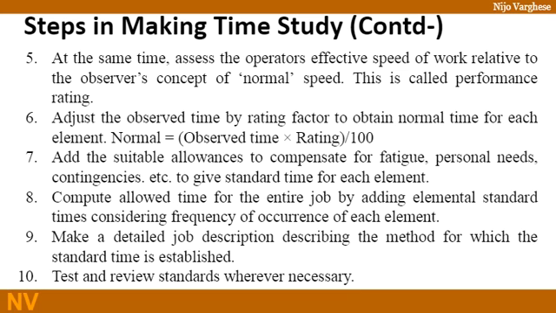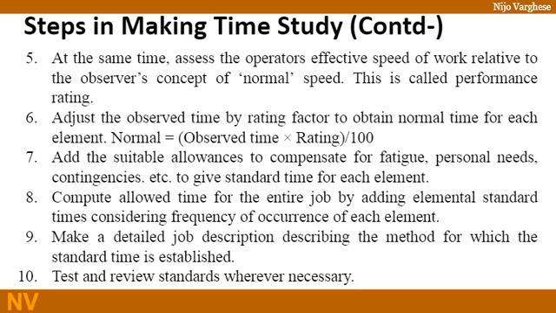The observer will have a concept of normal speed for completing that particular element of that particular work, and assesses the operator's effective speed of work relative to that. This is known as performance rating. So this performance rating needs to be assessed. That is the fifth step. And the sixth step is to adjust the observed time by the rating factor to obtain the normal time for each element.